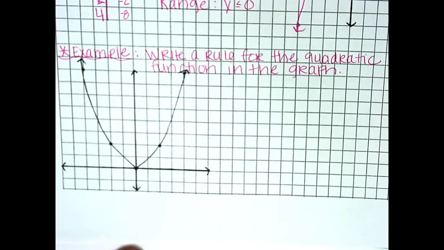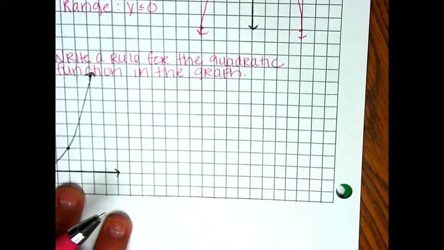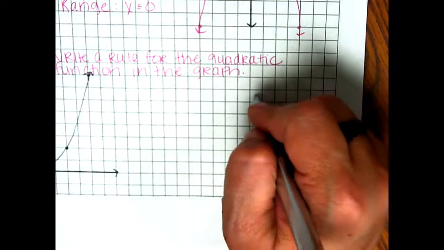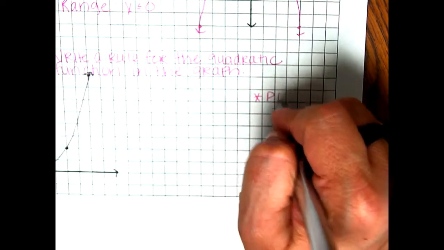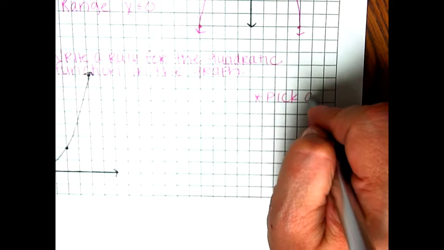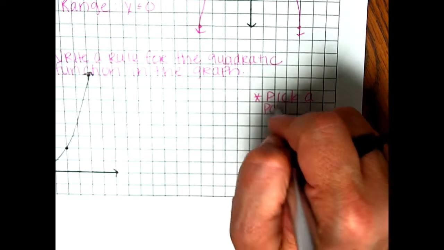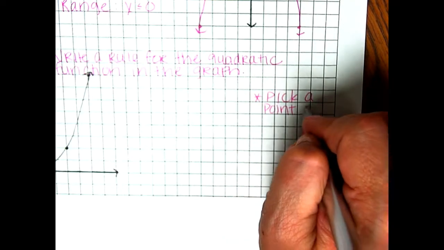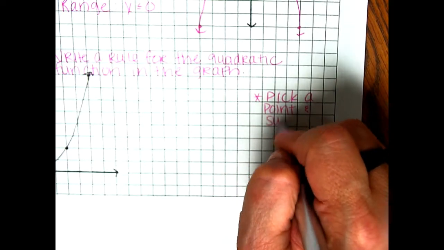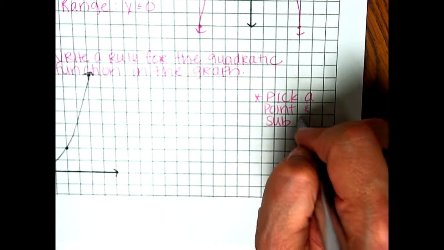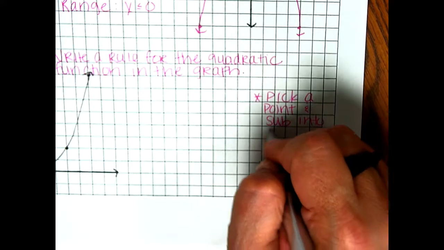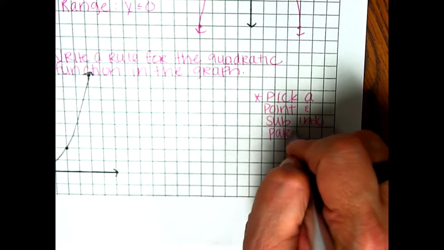Okay, the last example is to write a rule for a quadratic function. When you do this, you're going to pick a point on the graph and substitute it into the parent function.